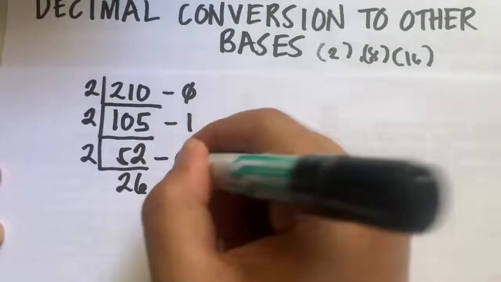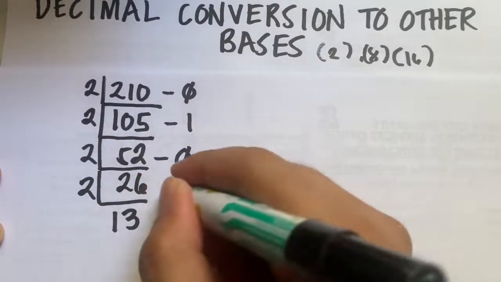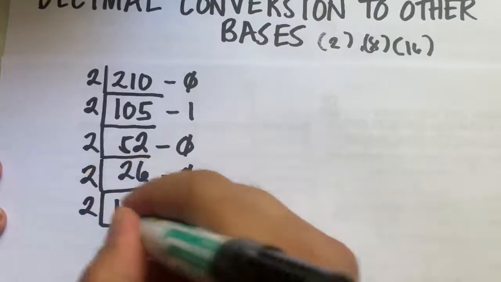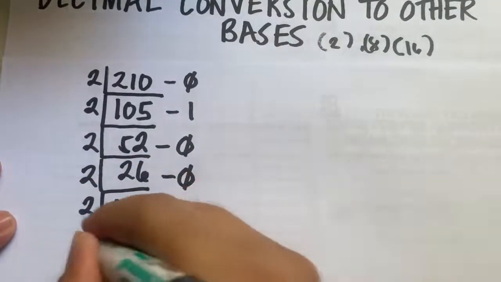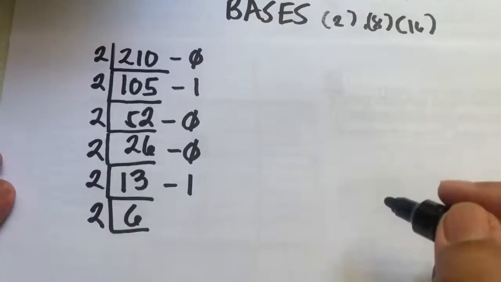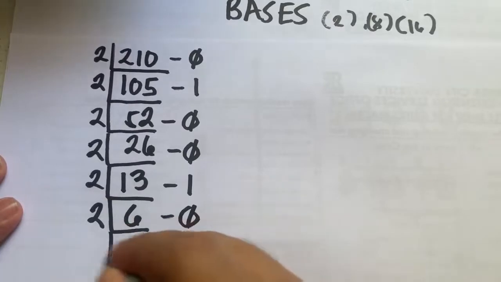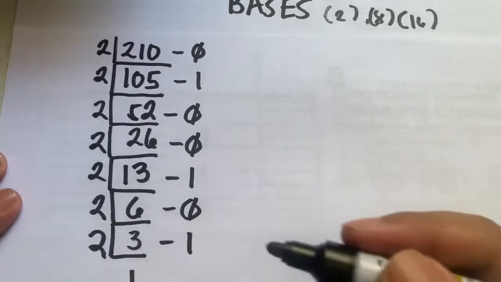That is 0 remainder. Divided by 2, we have 13. Again, 0 remainder. Divided by 2, we have 6. That is remainder 1. Divided by 2, we have 3. Remainder 0, and then we divide by 2, we have 1, remainder 1.